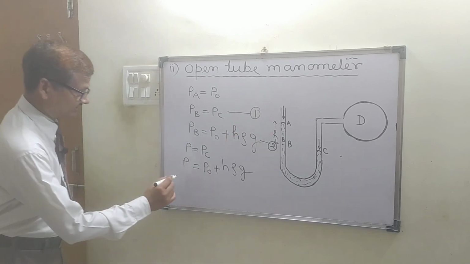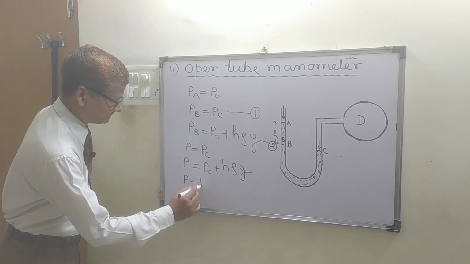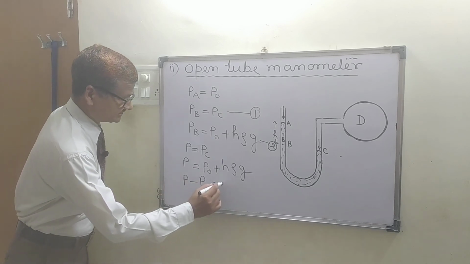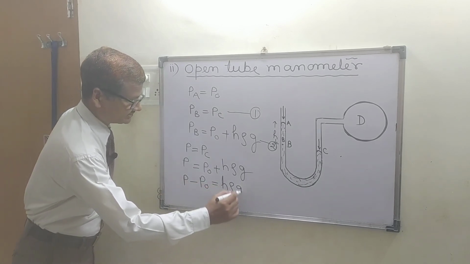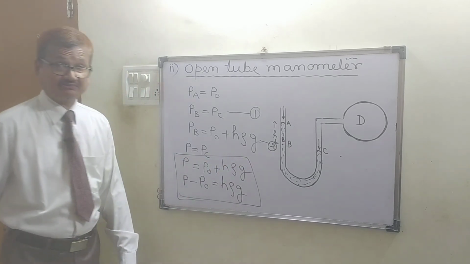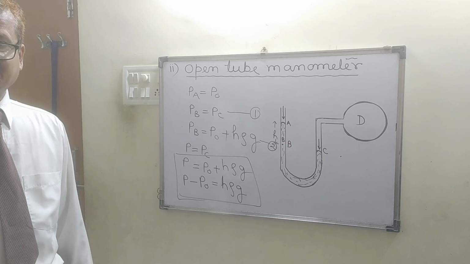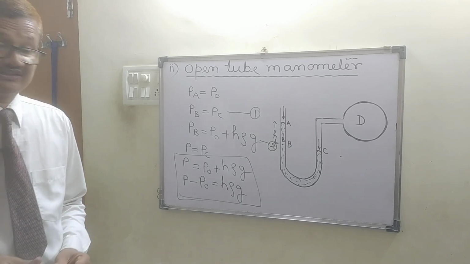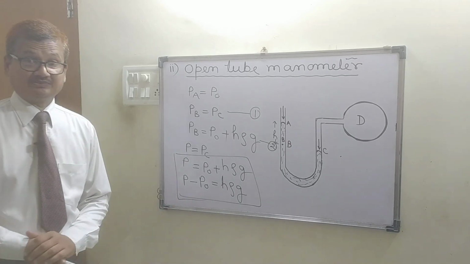So the gauge pressure, P minus P0, is equal to h rho g. By using the manometer the pressure of the gas can be determined, and this is the gauge pressure.